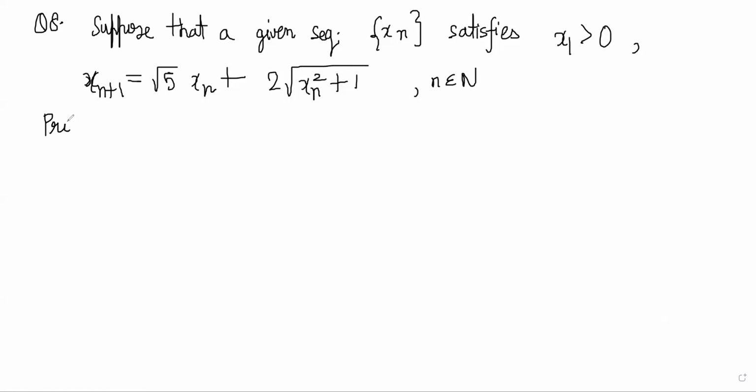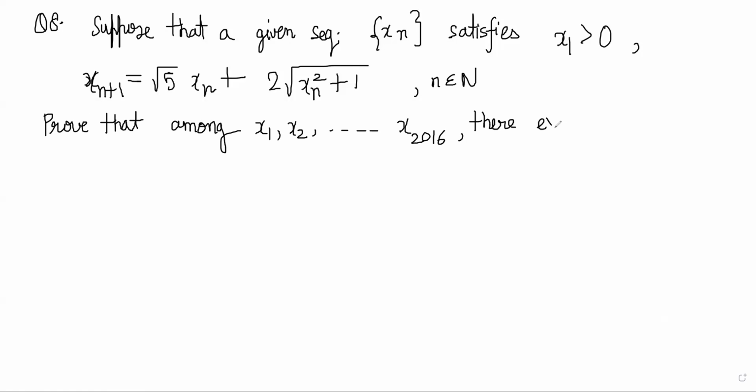We have to prove that among x1, x2 till x2016, there exist at least 672 irrational numbers.